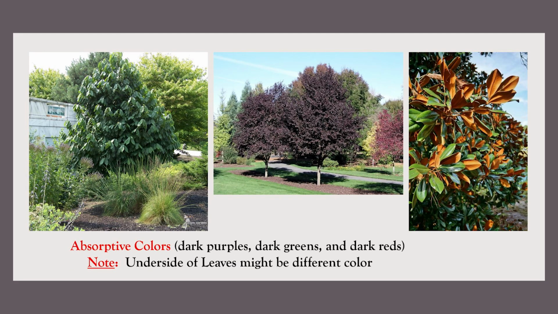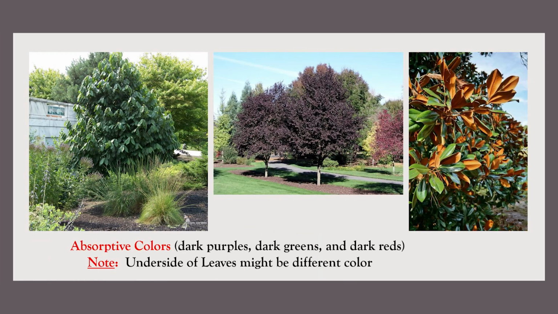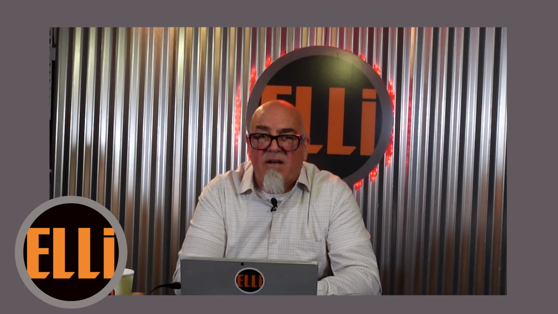Next slide. Let's look at some of the absorptive colors and or problems that are associated with leaf material that absorbs light easier. So if you notice here, the absorptive abilities here are in the darker colors. Dark purple, dark red, dark greens.